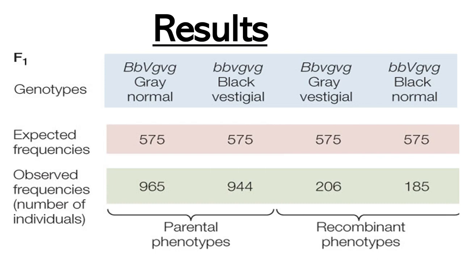So we can say that two are parental phenotypes and two are recombinant phenotypes. As a result, we can say that the genes for body color and wing shape are present on the same chromosome.